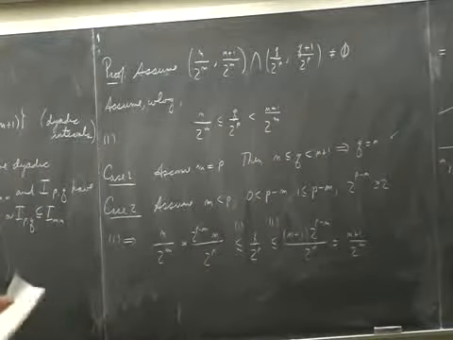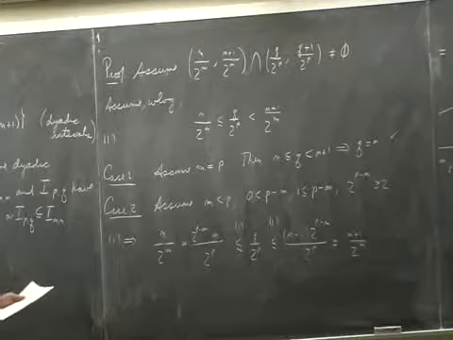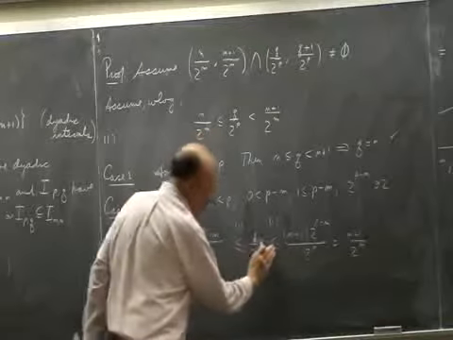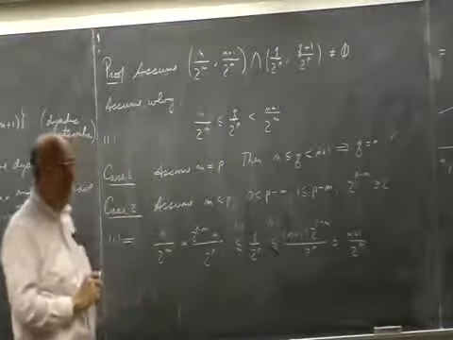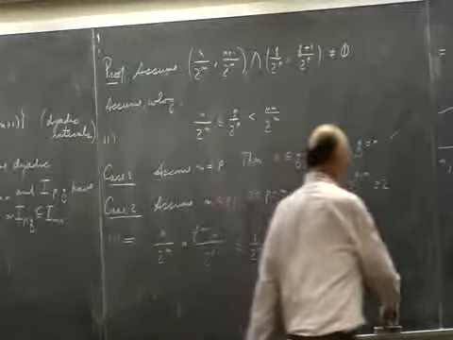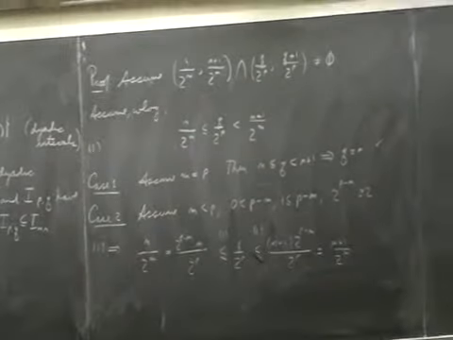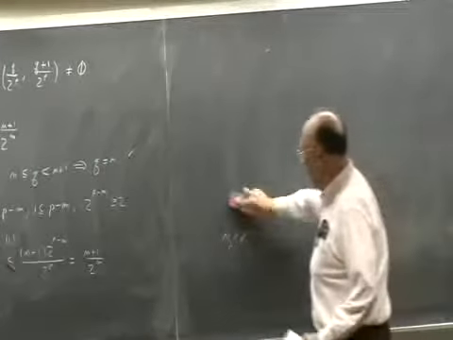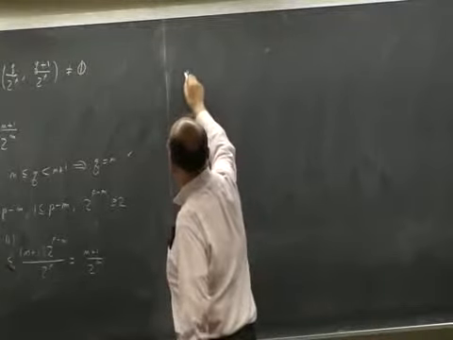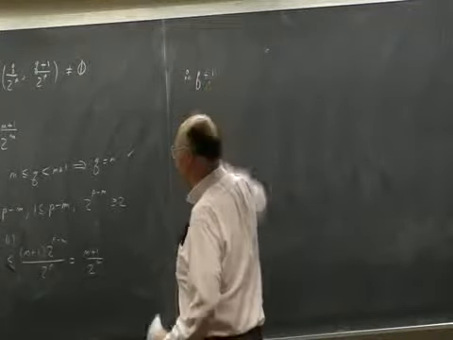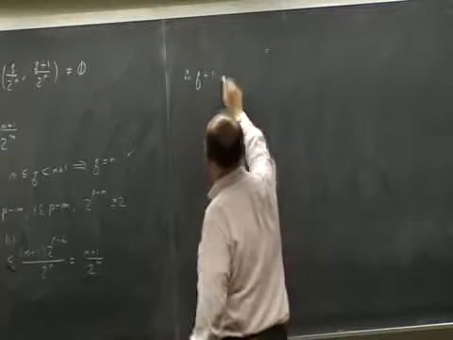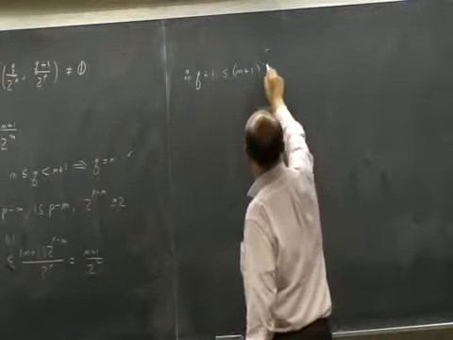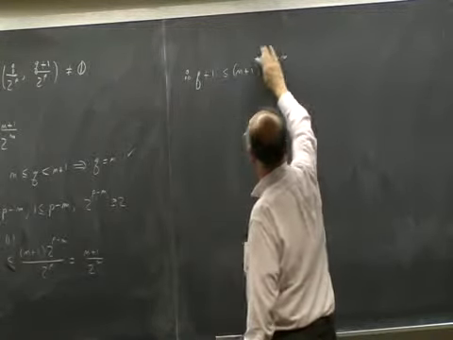So what that means is, therefore, since that's strictly less than here, that's important, and so what that means is, therefore, q plus 1 is less than or equal to n plus 1 times 2 to the p minus m.